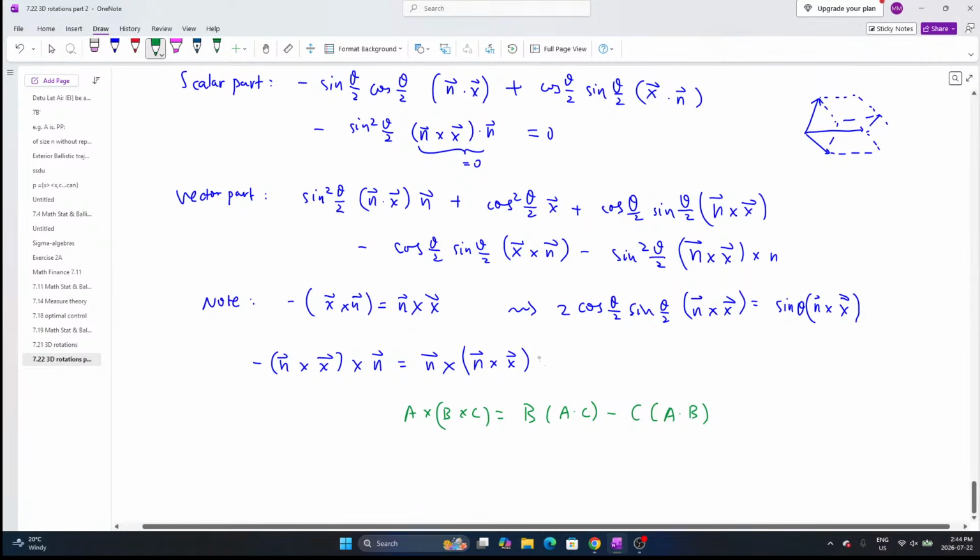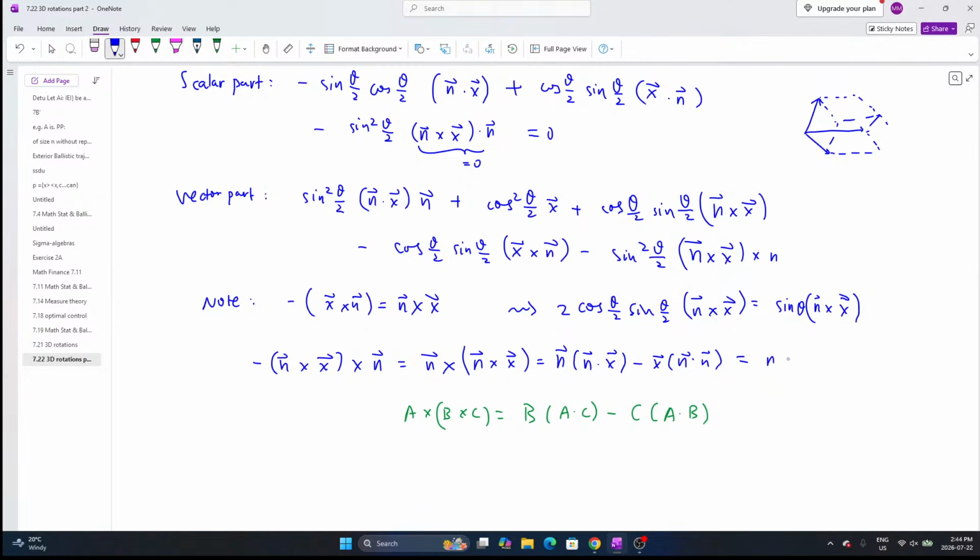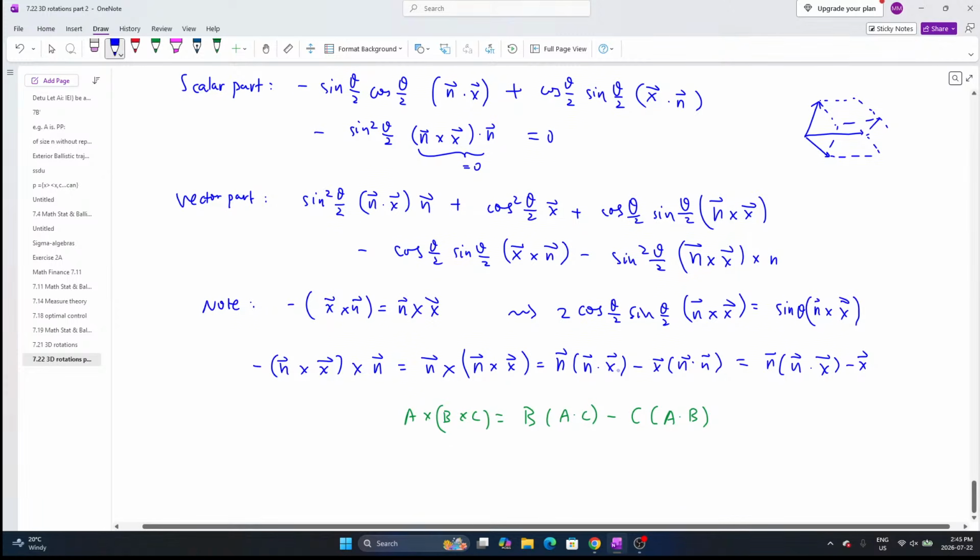Yeah, so here A equals N, B equals N, A equals N dotted with X. Okay, C is X. And minus X times A and B taking dot product, so it's N dot N. So together it is N times N dot X minus, simply minus X, because N is a unit vector.